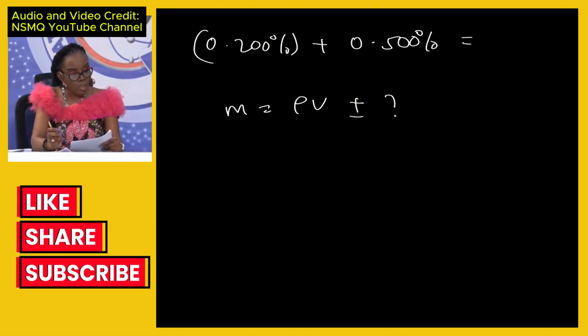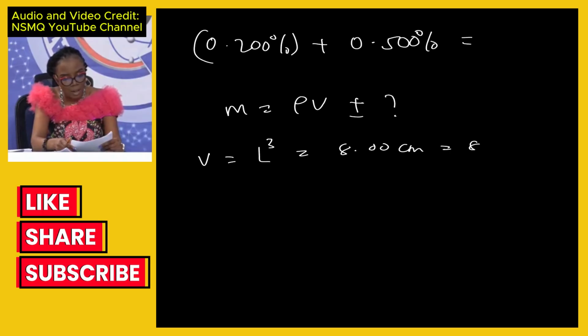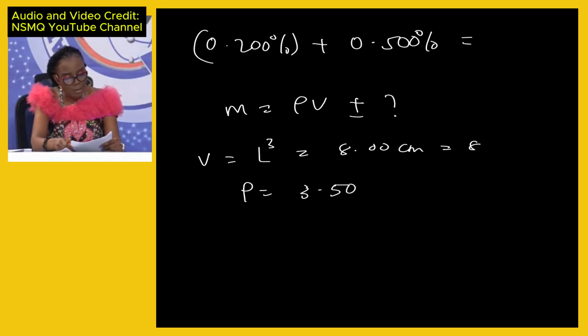A uniform solid cube whose side is determined to be 8.00 centimeters and whose density is found to be 3.50 times 10 raised to the power 3 kilograms per meter cubed.